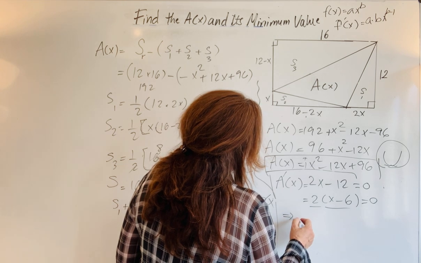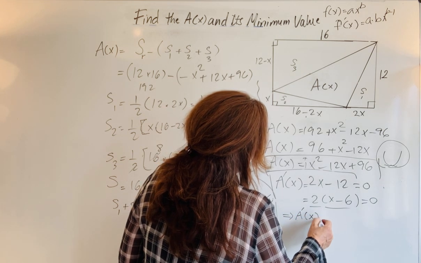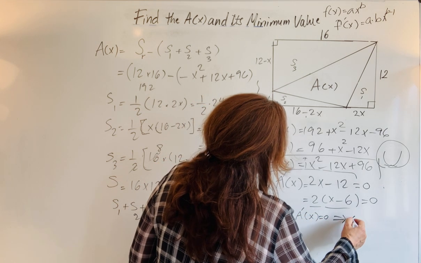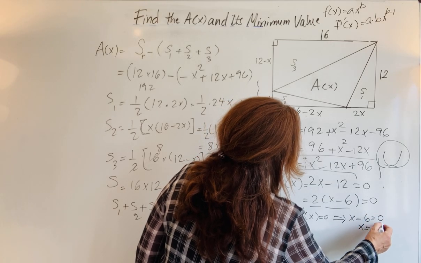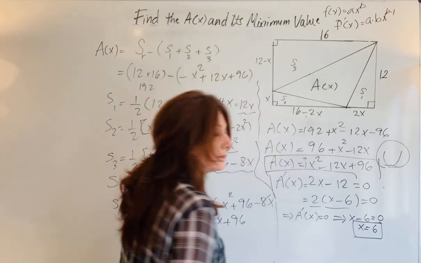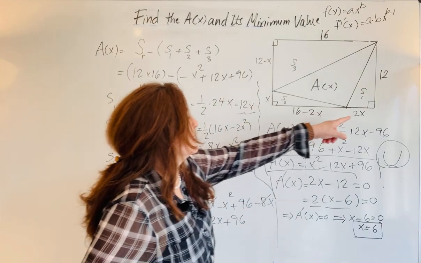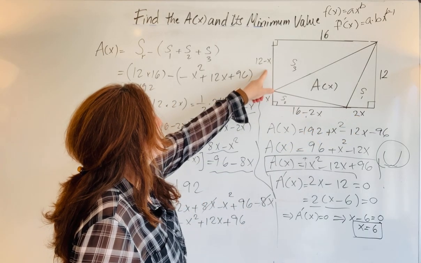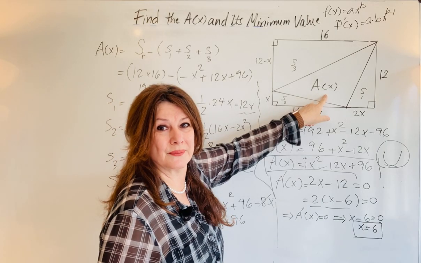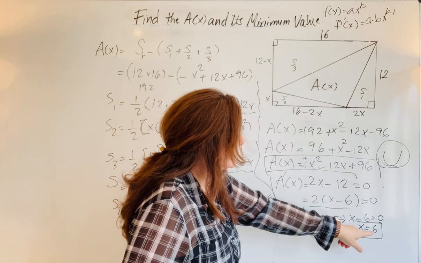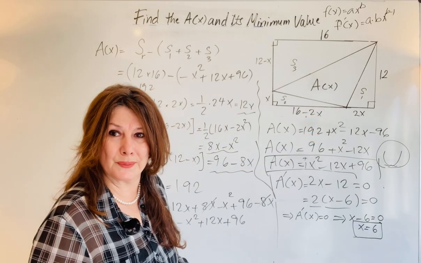So if a prime of x is 0, then x minus 6 gets 0, x gets 6. When x gets 6, this is the minimum size.